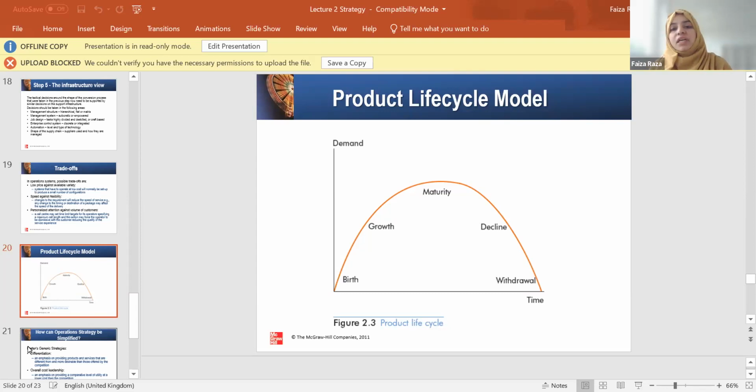Then the maturity stage, the sales period, when your product is selling. Then the decline stage, when it is going out of the market, out of stock. And then withdrawal, the end stage when your product is finished.